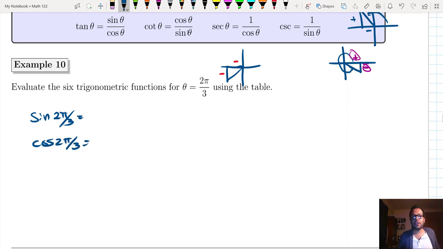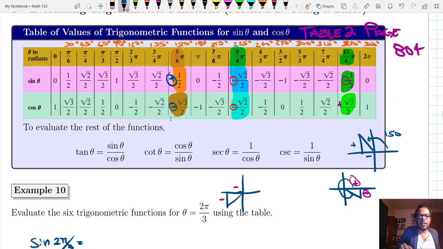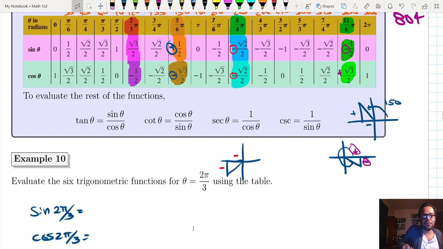So let's just copy the given values. Sine of 2 pi over 3, which I will highlight with purple. We don't have to do any calculation, at least for these two. So sine is square root of 3 over 2, and cosine is negative 1/2.